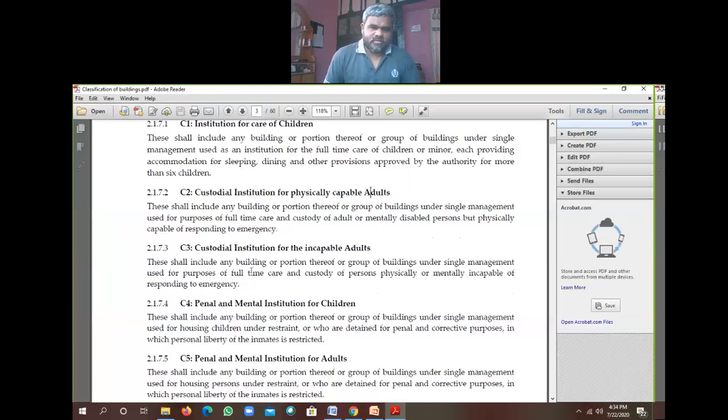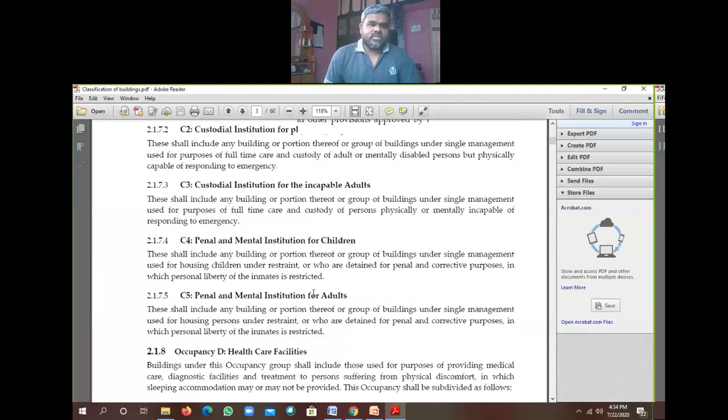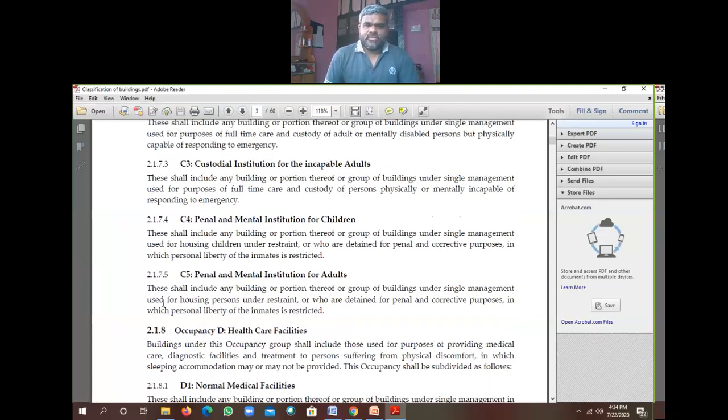So this is the third category. The fourth one is used for housing of children under restraint who are detained for penal and corrective purposes, in which personal liberty of the inmates is restricted. So they are restricted not to go, not to see, not to play like that, right. Next, the fifth one is used for housing persons under restraint who are detained for penal and corrective actions, in which personal liberty of the inmates is again restricted. This is jails or prisons, right.